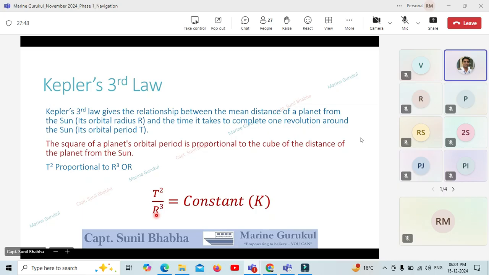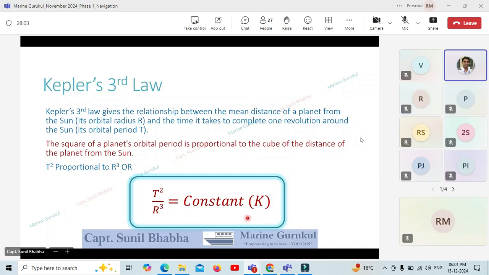So this is the relationship given by Kepler's third law of planetary motion: T squared by R cubed is equal to a constant. This is a very important relationship, and we get numerical questions based on it.